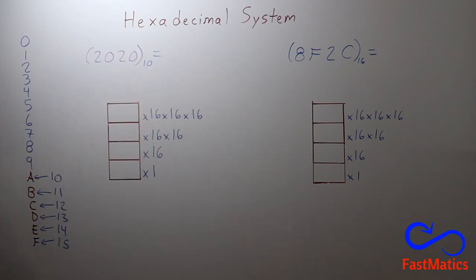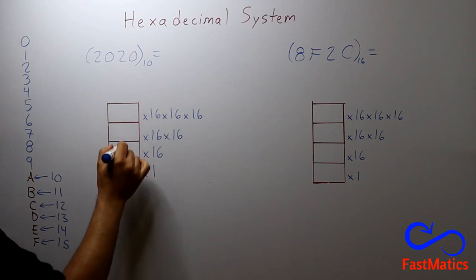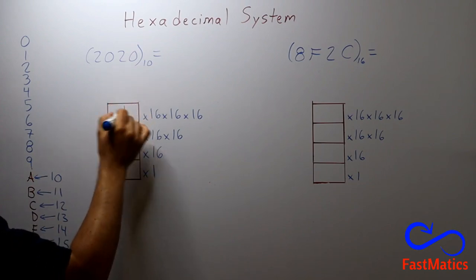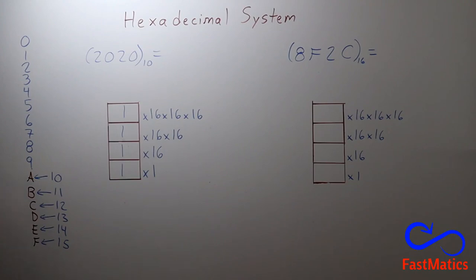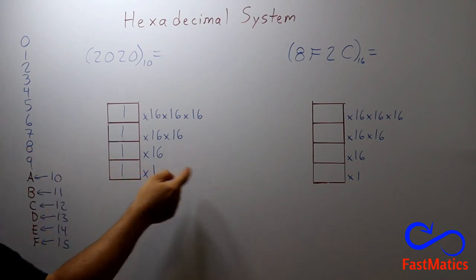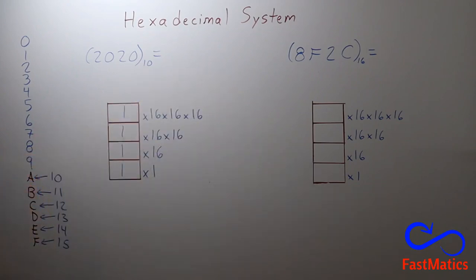So, imagine we put here 1, 1, 1, 1. Why 1? Because it is a very easy number in order to multiply it by the other numbers.